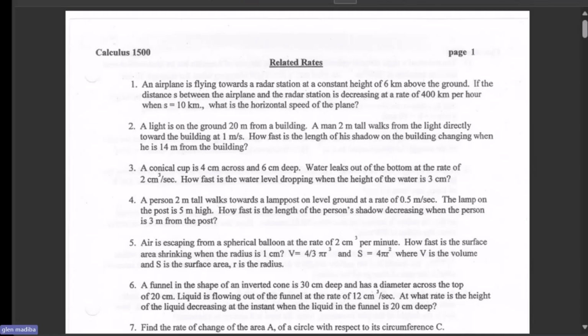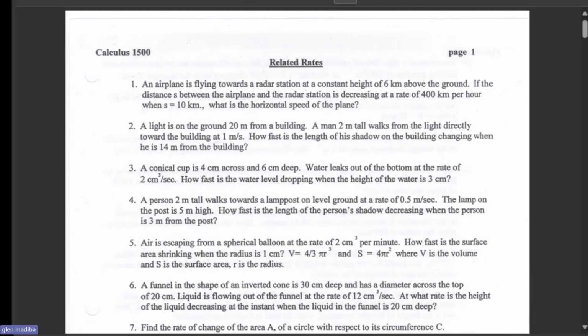All right, let me repeat. We say an airplane is flying towards a radar station at a constant height of 6 kilometers above the ground.